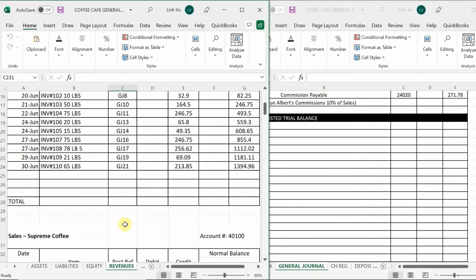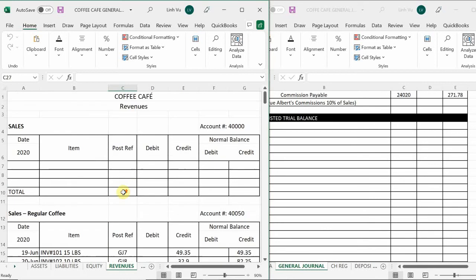Since it has a normal credit balance, in order to make our accounts reflect as zero, we're going to debit all of our revenue accounts. We're going to go through every single account and close them one at a time. This is the best and most efficient way to do it so you don't make any mistakes.